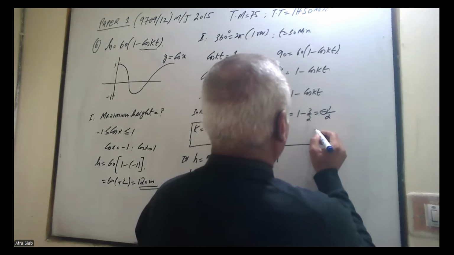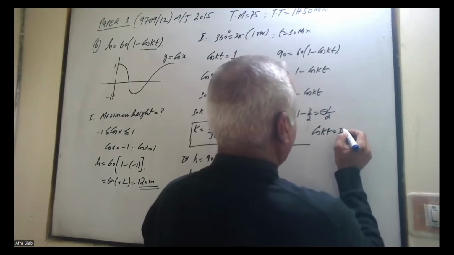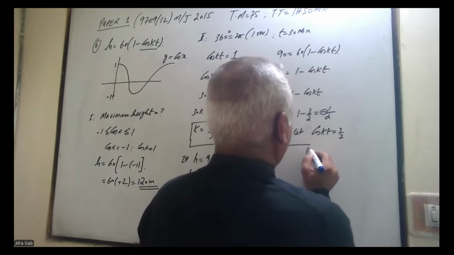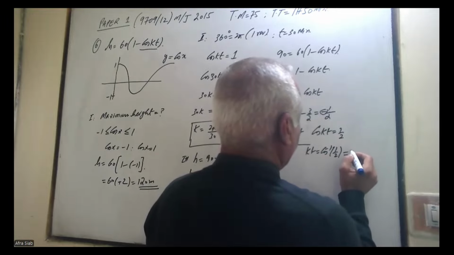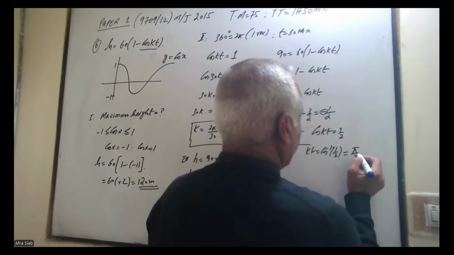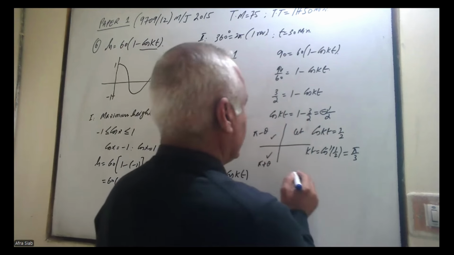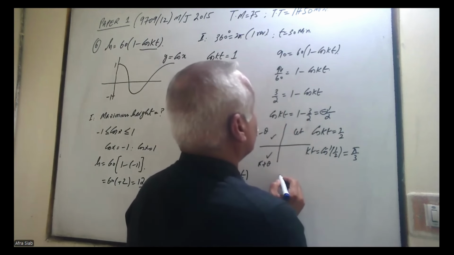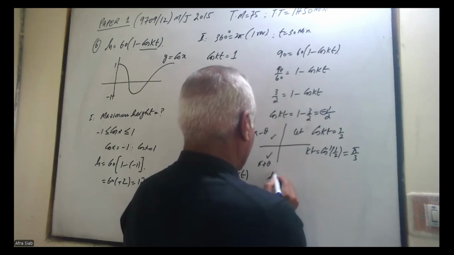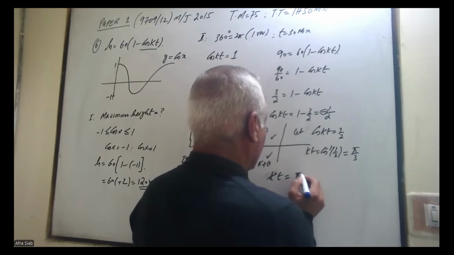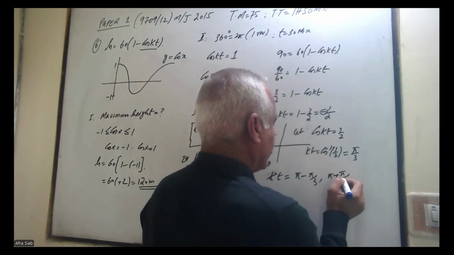If we ignore the minus, let's say cos of kt is equal to half, then kt is equal to cos inverse of half, which is equal to pi by 3 radians. So kt is equal to pi minus pi by 3 and pi plus pi by 3.